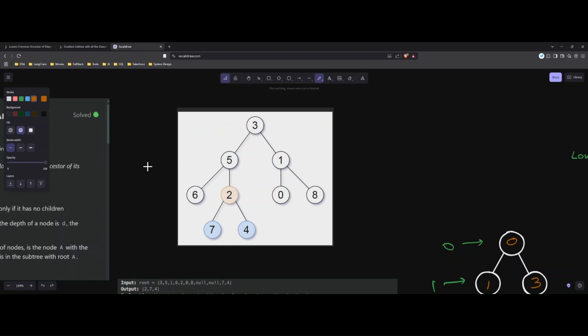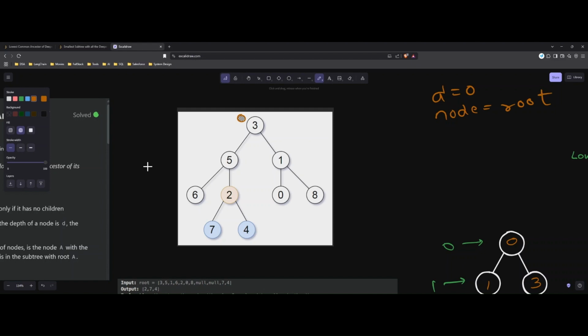So we'll do the same thing. We'll start from zero and move to the left, and we also have to take care of the depth. Currently our depth is 0, and we are starting with the root, so our node would be root. These two things we are clear with.